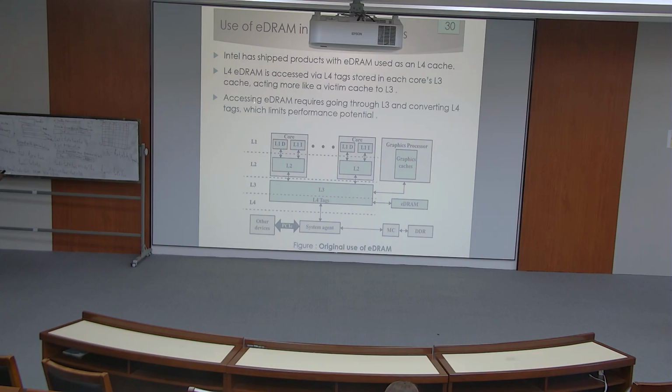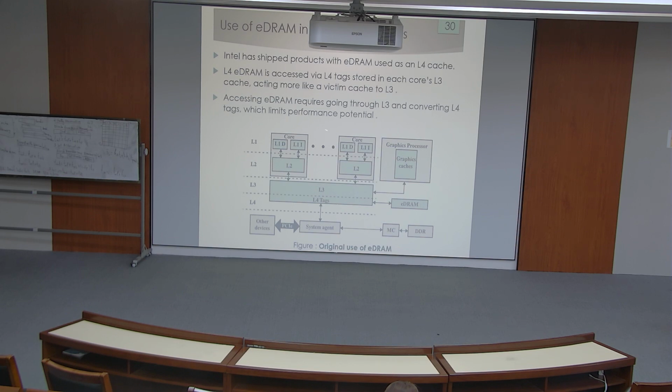The level 4 cache EDRAM is accessed via level 4 tags stored in the level 3 cache of each core of the Intel Core system. So accessing the EDRAM requires going through level 3 memory, then converting the level 4 tags, which limits the performance potential.